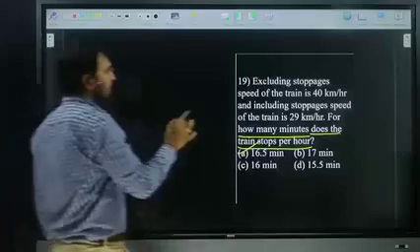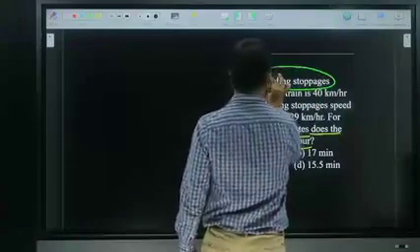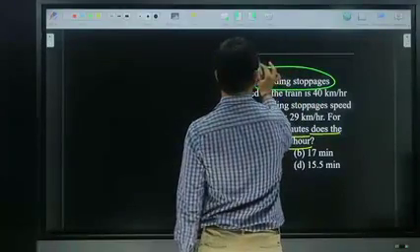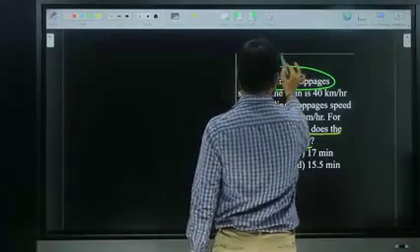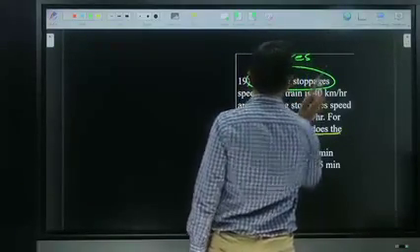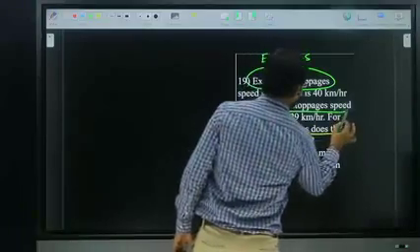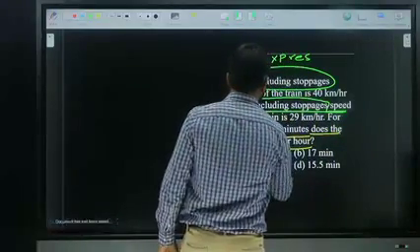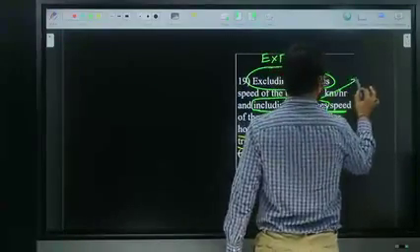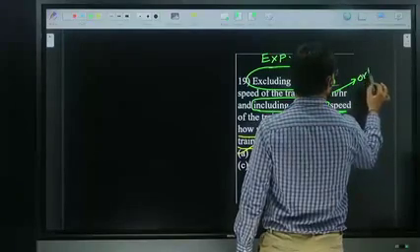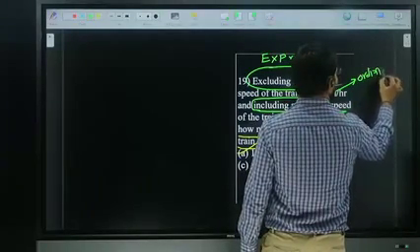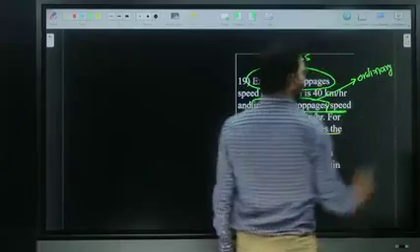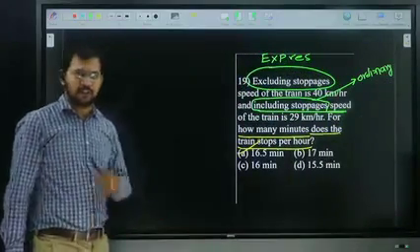Excluding stoppage is nothing but without stoppages, that is the superfast express train. Including stoppages is nothing but the ordinary train, the ordinary train with stoppages. All of you clear?